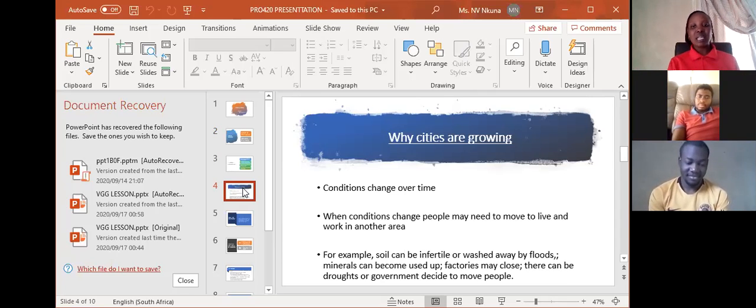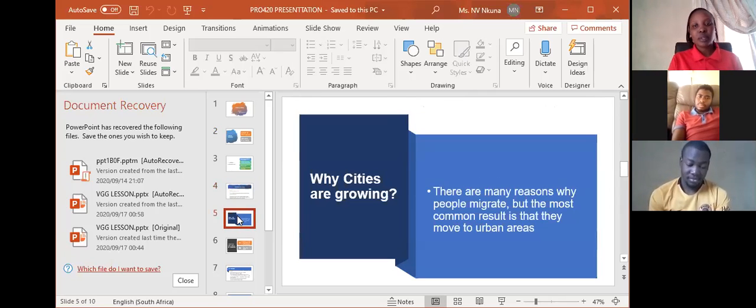Another thing is if the factories in rural areas are closed, most people will lose their jobs, so they will move from rural areas to urban areas to look for job opportunities. There are many reasons why people migrate, but the most common result is that they move to urban areas.